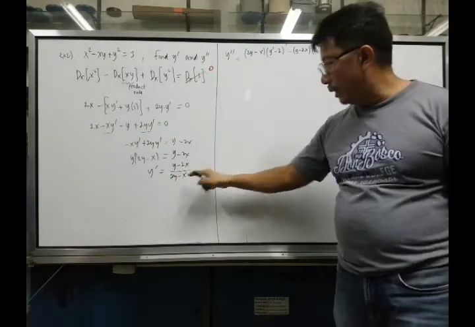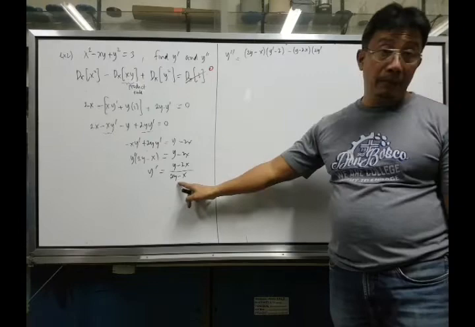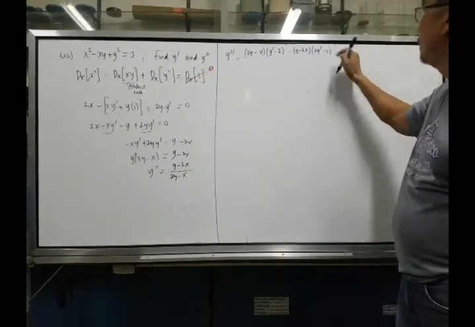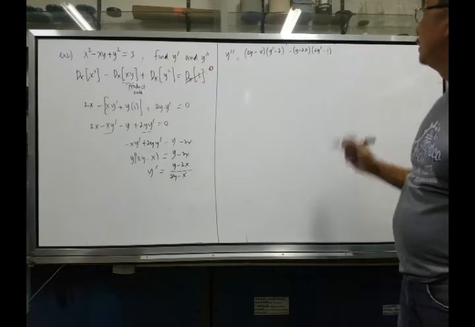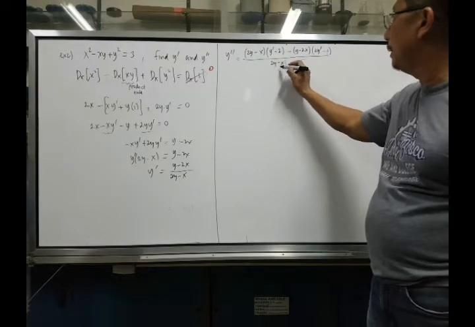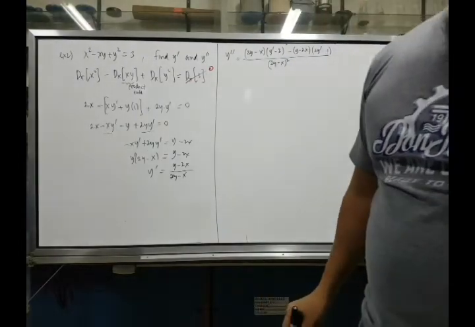The derivative of 2y is 2y', because we just get the derivative of y, which is y', minus the derivative of x, which is 1. And we just square the denominator, (2y minus x) squared. Is that clear?